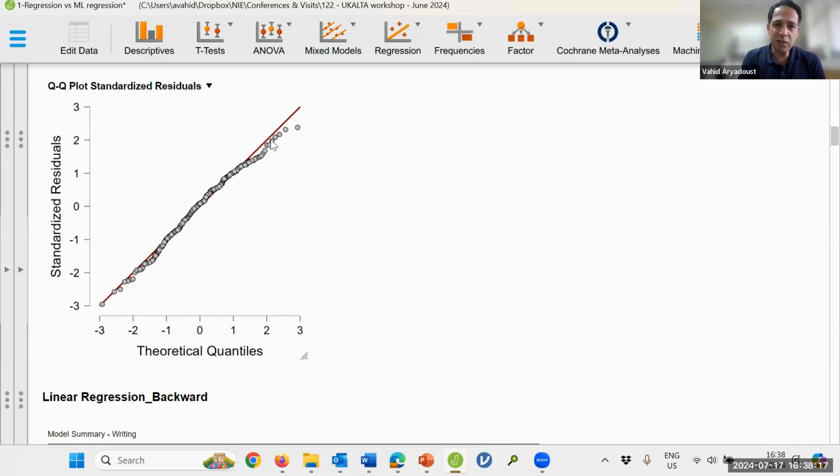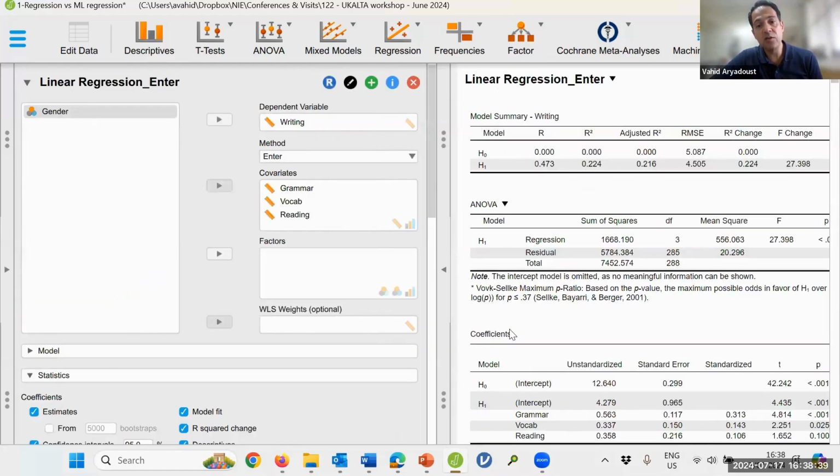There's a slight deviation on top, which honestly I wouldn't be too much worried about, because linear regression is really rigorous when it comes to deviation from normality, but this is not a huge deviation from normality. So I would assume that this is another indication that the data is normally distributed. Remember that the residual is normally distributed.